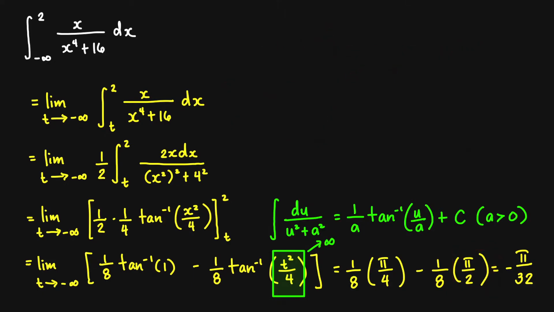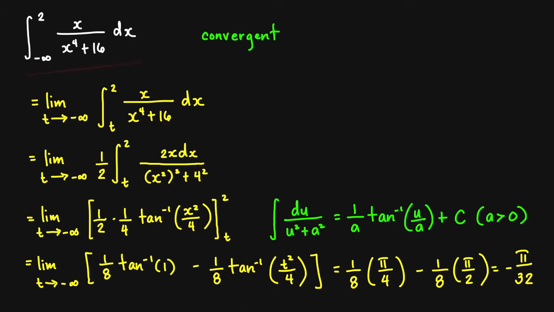Therefore, the value of our improper integral is equal to this difference, which is equal to negative pi over 32. Because this limit exists and it's equal to negative pi over 32, we say that this improper integral is convergent.